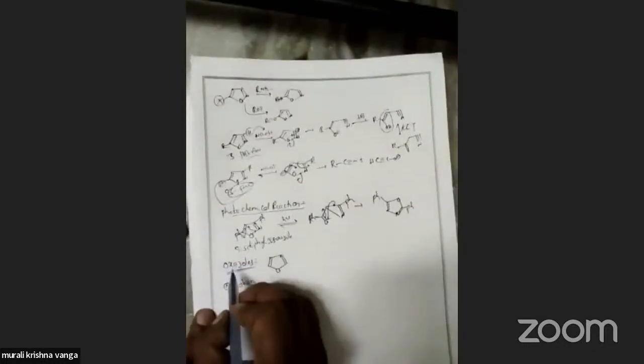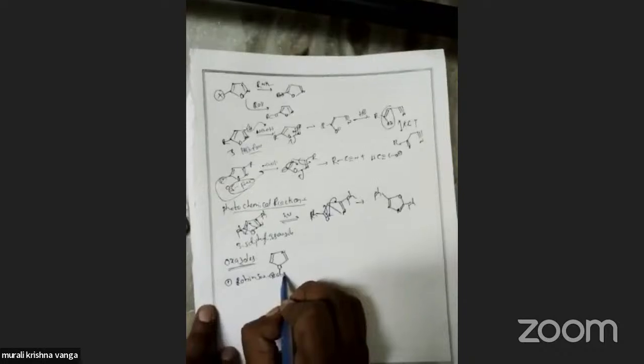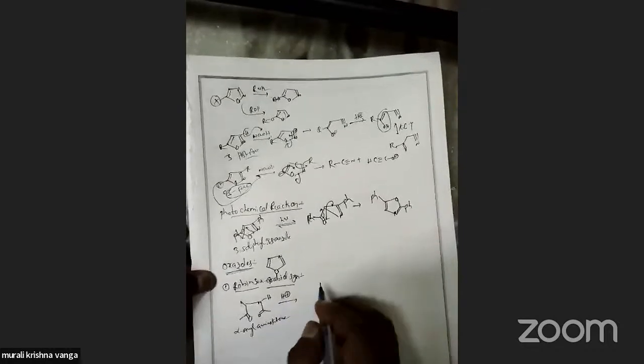Robinson-Gabriel synthesis. According to the Robinson-Gabriel synthesis, an N-acyl alpha-acylamino ketone, in the presence of an acid medium, undergoes bond shifting towards the oxygen side.